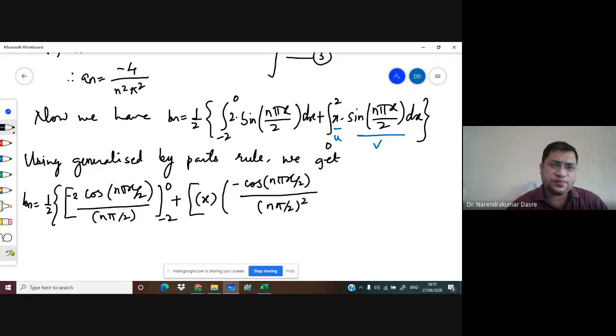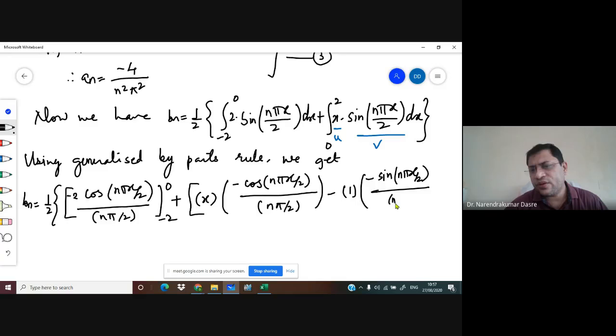So here we get n pi by 2. Now minus the derivative of x, which is going to be 1, and the integration of this term. So we have minus sine of n pi x by 2 upon n pi by 2 bracket square. The limits for this are 0 to 2.